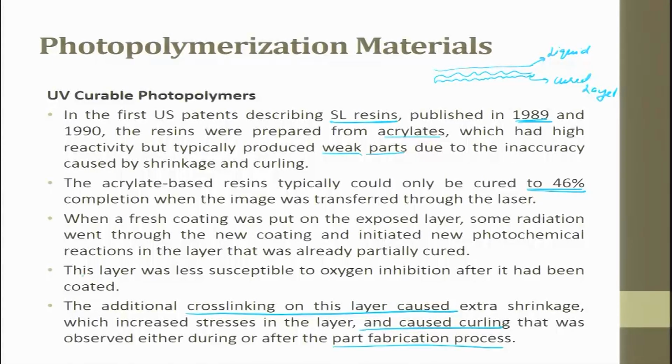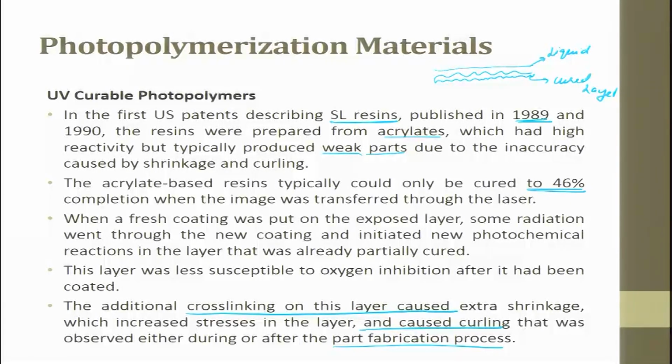So, please relook into these 2 points. This layer was less susceptible. What is this layer? The fresh coating was put on the exposed layer, some radiation went through the new coating and initiated new photochemical reaction in the layer that was already partially cured, right? And this layer was less susceptible. Which layer? The bottom layer, to oxygen inhibition after it has been coated.